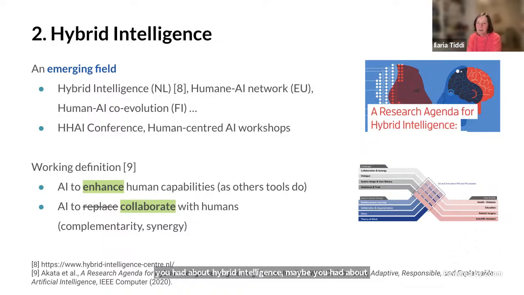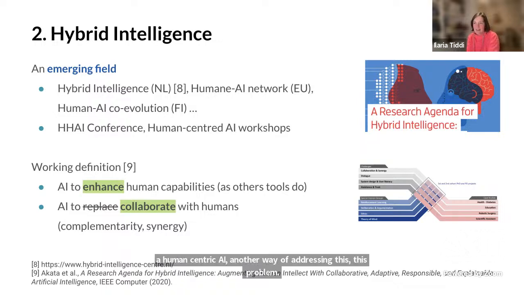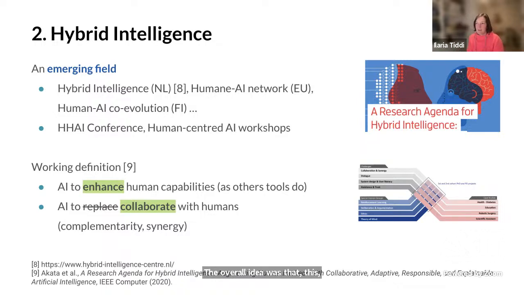The overall idea was that there is an emerging field in AI, and it's emerging because you start seeing different conferences and workshops around the topic. There are a number of national and international collaboration networks really focusing on this concept of hybrid intelligence.